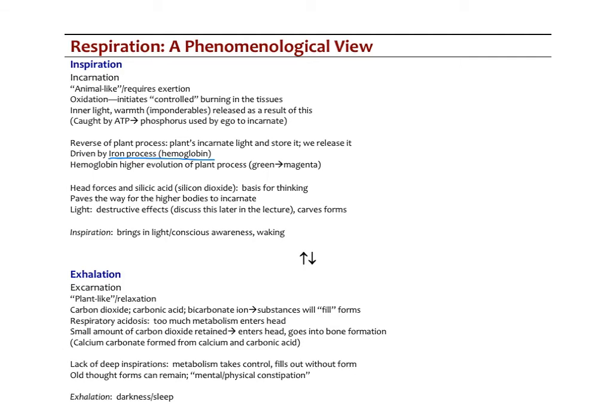Same with phosphorus. In fact, iron phosphate, ferrum phos, is an old homeopathic cell salt that's often used for people that have that anemic, kind of low inner light, low inner warmth kind of picture. Some have actually referred to iron as the primary respiratory metal. It's really what's helping the breathing.